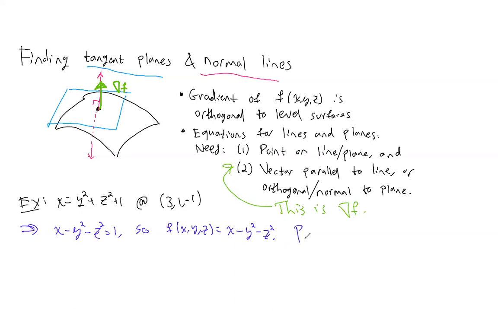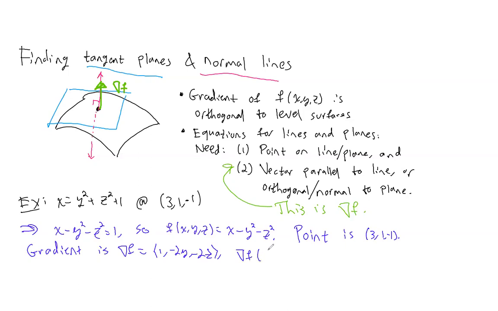So the point that we need, the point for these both, is going to be 3, 1, negative 1. The normal vector, or the gradient, is the gradient of f, which is 1, negative 2y, negative 2z.